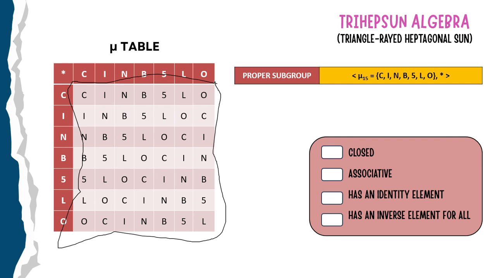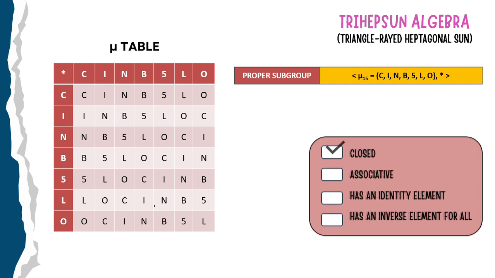As we can see here, our resulting elements are among the elements being operated on at the top and here on the column. Therefore, it is closed.